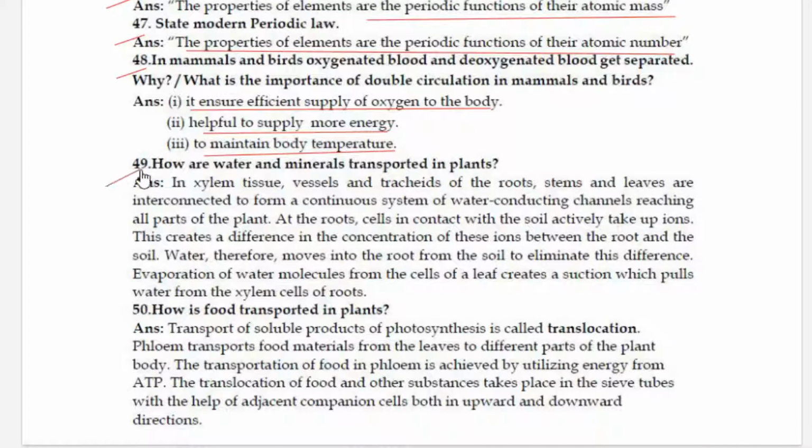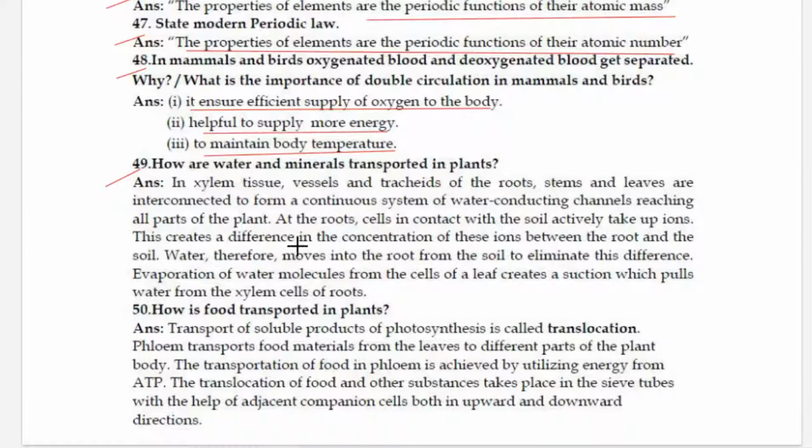Question number 49. How are water and minerals transported in plants? In xylem tissue, vessels and tracheids of the roots, stems and leaves are interconnected to form a continuous system of water conducting channels reaching all parts of the plant. At the roots, cells in contact with the soil actively take up ions.